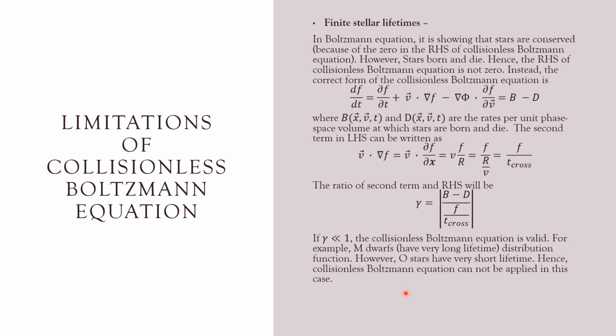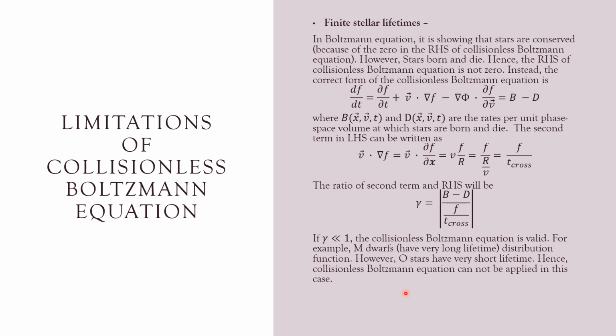For some stars, gamma is much less than 1, and for some stars it is not. For instance, in the case of M dwarfs, which have a very long lifetime, the distribution function remains relatively stable.